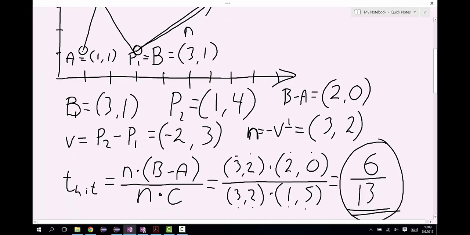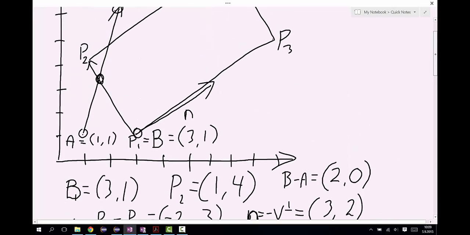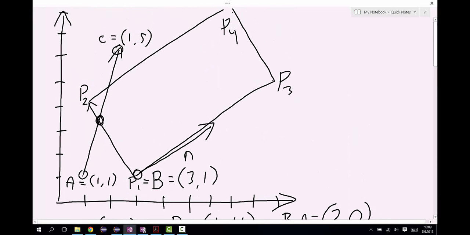A negative T hit, for instance, if we look at our picture, when we take the line we've already taken here, we're going to get a positive T hit. When we take this line, we're also going to get a positive T hit. And judging from the picture, it's also going to be somewhere between 0 and 1, so it's within our range. However, the one we've already found is smaller, so that's the one we're interested in.